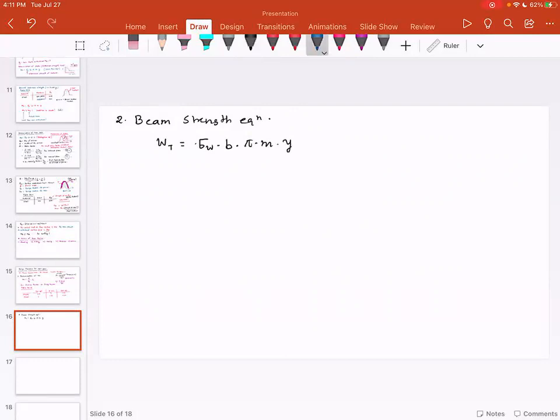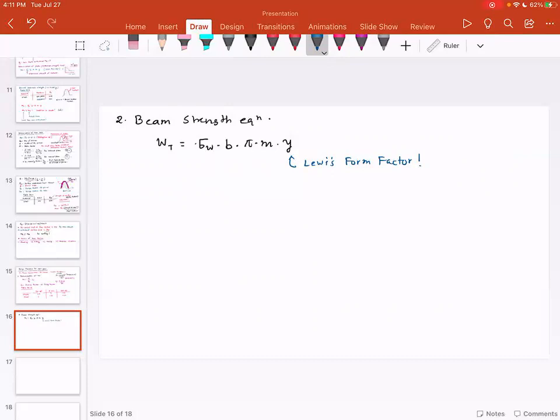And this y is Lewis's form factor. The equation for Lewis's form factor depends upon whether it's an involute profile at 20 degrees or 14.5 degrees.